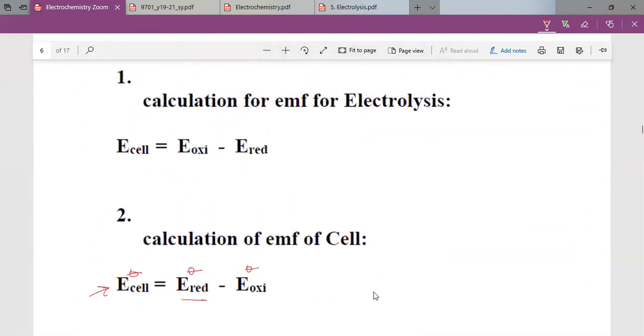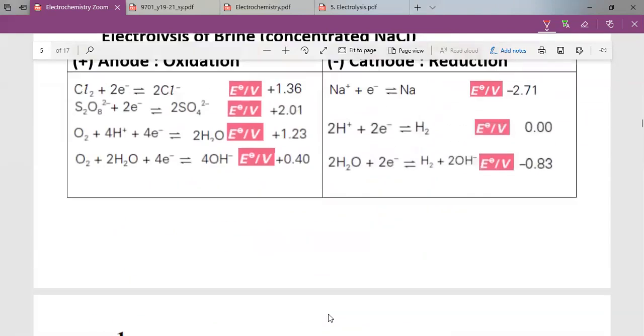But for electrolysis, we use the reverse. So E cell is equal to E oxidation minus E reduction. That means this is the EMF you must have to overcome, to provide energy for electrolysis to happen. This is the minimum energy, the minimum voltage, the minimum EMF. So how do we calculate it?